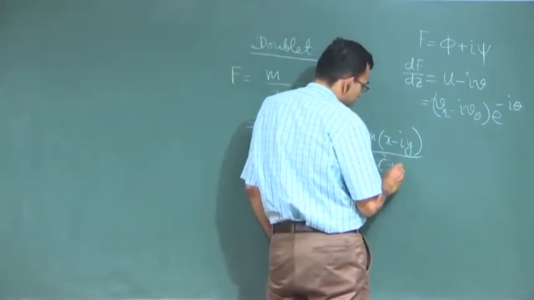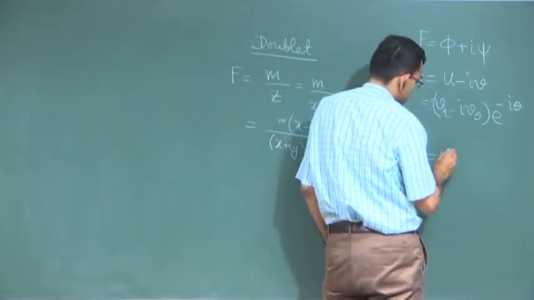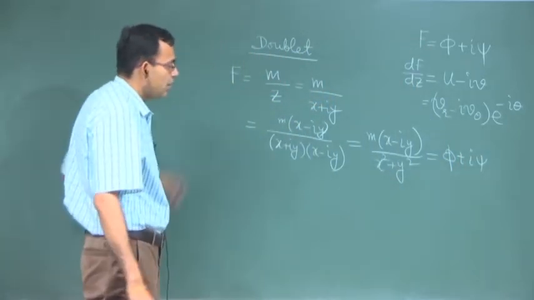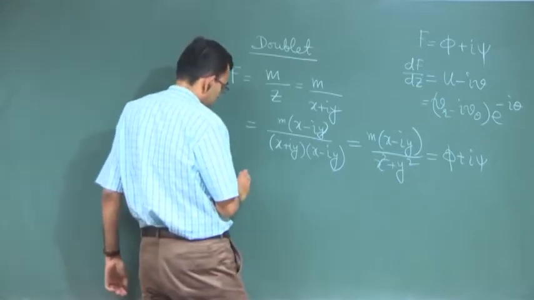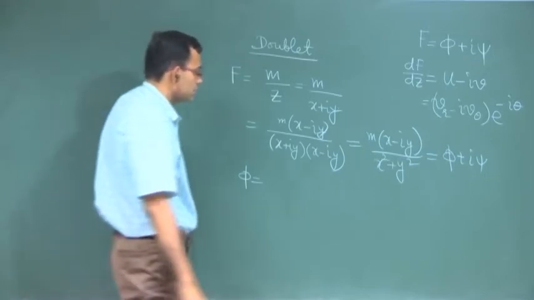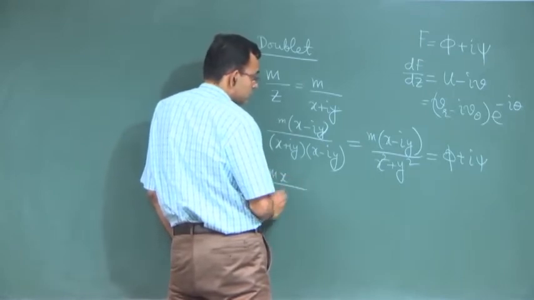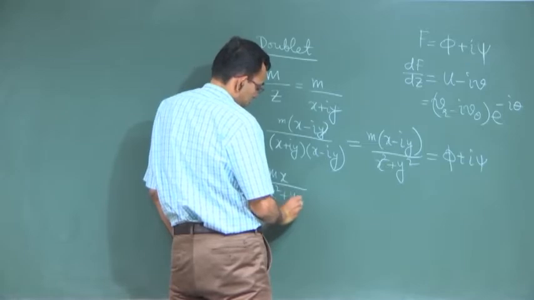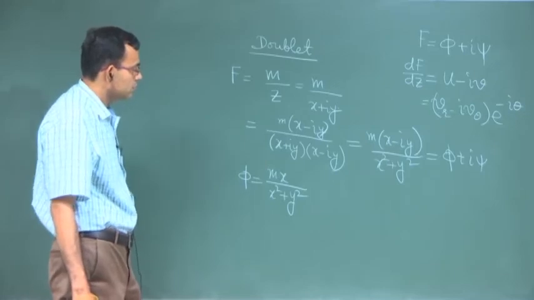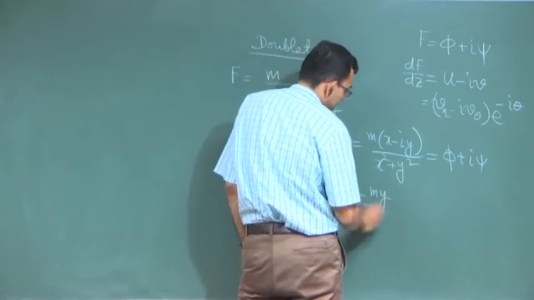So, this is x square plus y square. So, if this is equal to phi plus i psi, then what is phi? And psi is minus m y by x square plus y square.